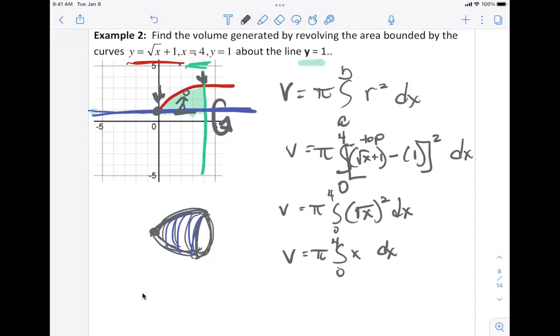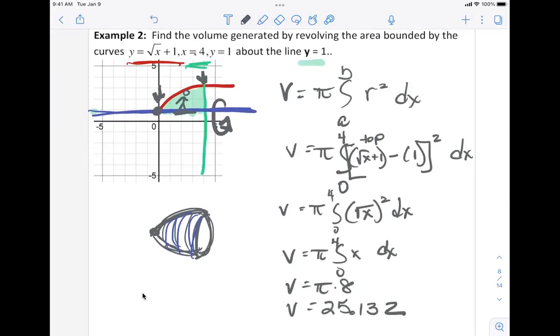So math 9 from 0 to 4, x on the inside, dx. I have 8. Eight times pi, or excuse me, 25.132.